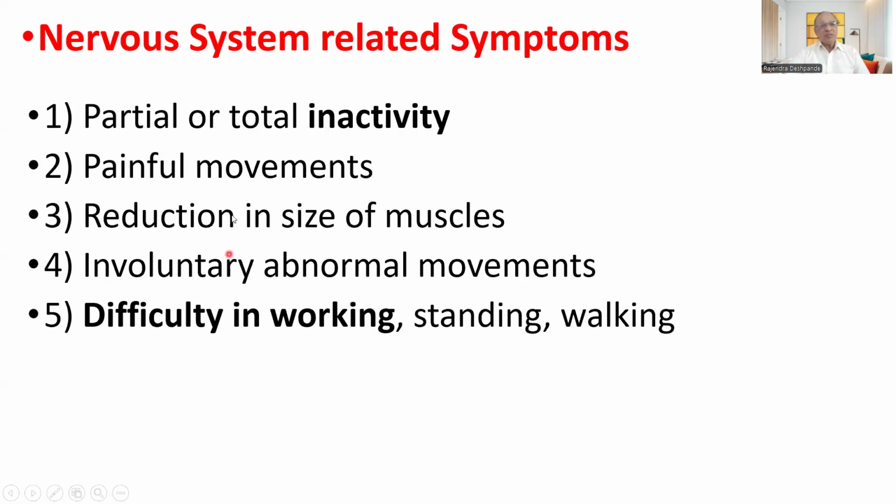First we will try to see what for we are doing this nervous system examination, which type of patient comes to us, and then we think, oh, nervous system is very important. For example, the patient may complain of partial or total inactivity of the body part. For example, I cannot move my hand, the patient cannot move his leg, etc. Sometimes there may be a symptom like painful movements.